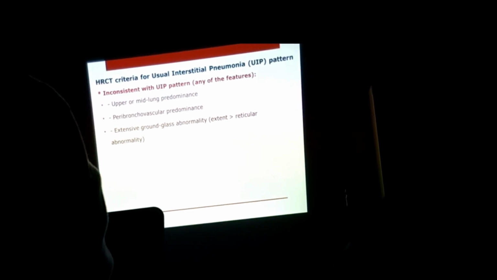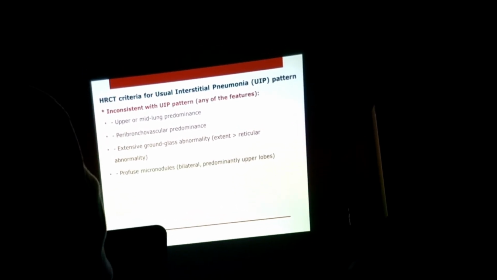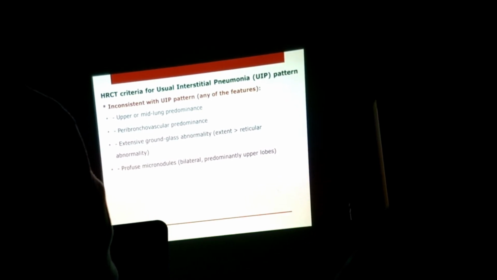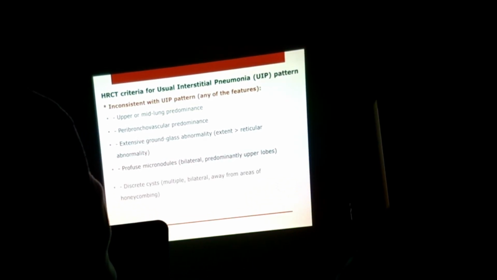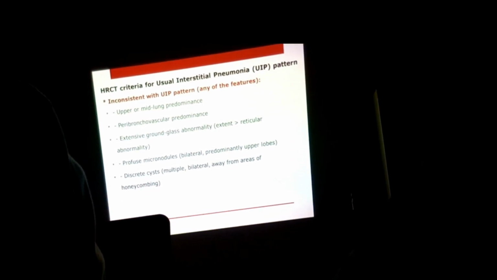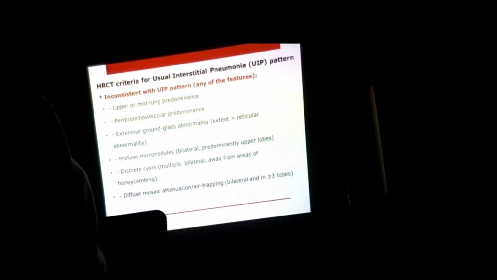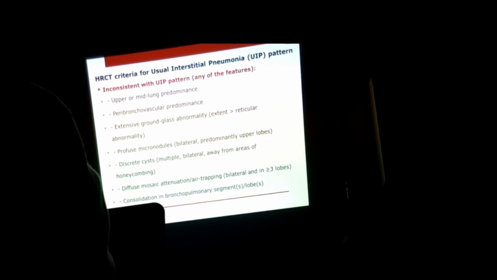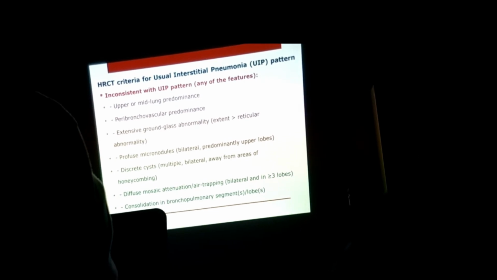It is also against the diagnosis of UIP. Profuse micronodules bilaterally predominant in the upper lobes are against the diagnosis of UIP. Discrete cysts are not present in UIP, and then diffuse mosaic attenuation and consolidation. So these are a few features which are not present in UIP.